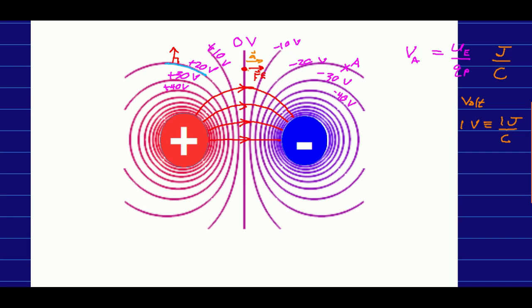And so positive charges have a tendency to move from regions of high potential to low potential. Similarly, negative charges accelerate in the opposite direction to the field, and so they tend to move from regions of low potential to high potential.